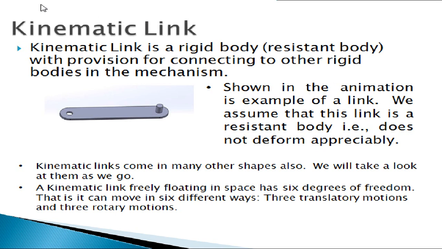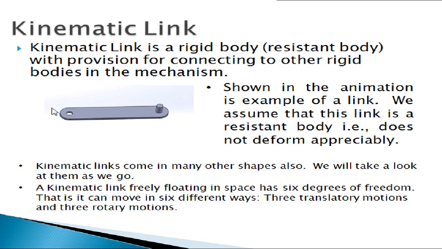A kinematic link typically has provision for connecting to other rigid bodies in the mechanism, because ultimately we want to form mechanisms out of kinematic links by coupling links one after the other. Shown here is one representative link.